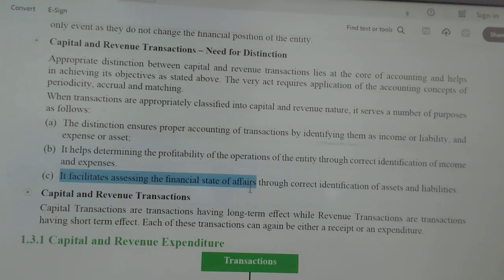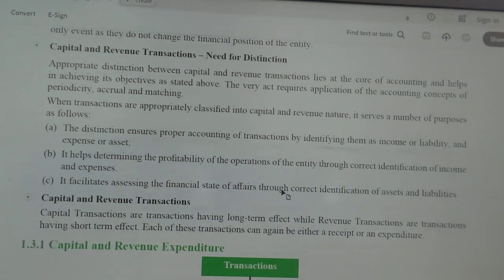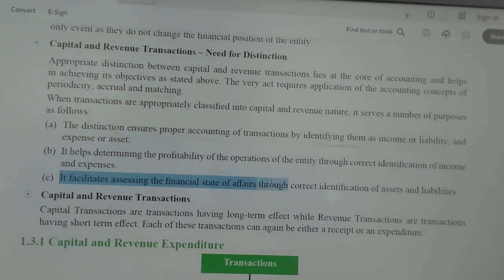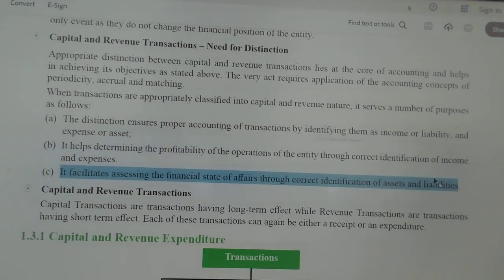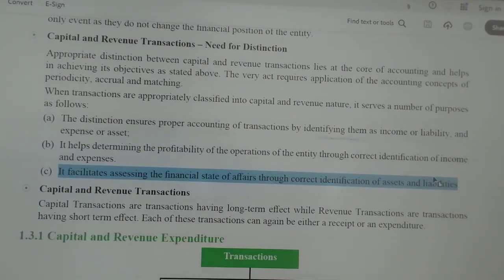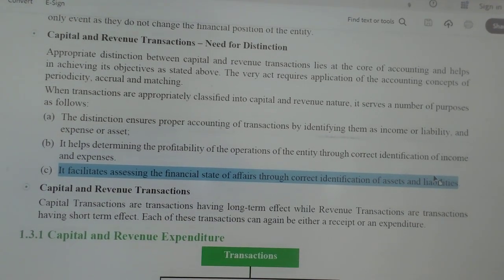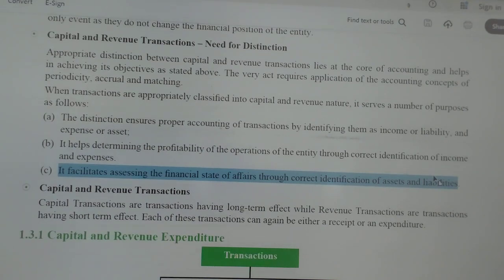The third objective is the correct identification of assets and liabilities. So we are studying capital and revenue transactions for three reasons: first, to identify correct income and expense; second, to identify correct profit and loss for the business; and third, to identify correct assets and liabilities for the organization.